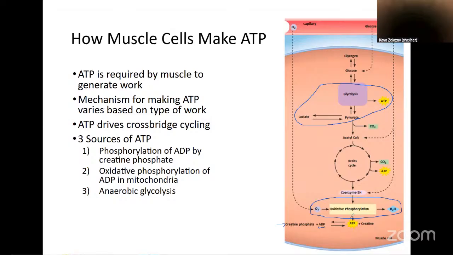Using this creatine phosphate, which is going to give us ATP, the creatine part of the creatine phosphate is left. So this is what you're trying to do if you take creatine before you go to the gym or something. You're trying to get more of this step going to get a little extra energy.